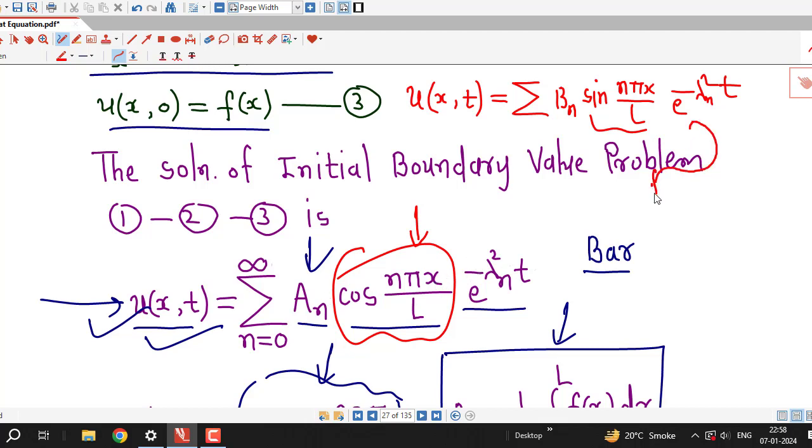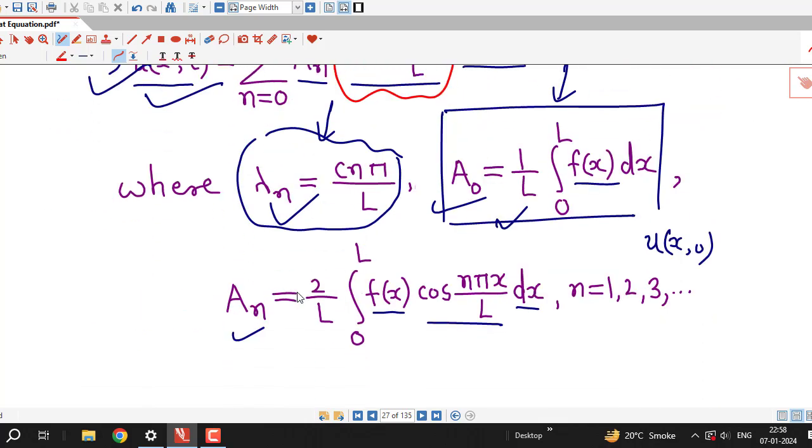And here we have to obtain Bn for n equal to 1, 2, 3 and so on. Here n starts from 1 to infinity, here n starts from 0 to infinity, and we have to obtain a0 and an using these two formulas.